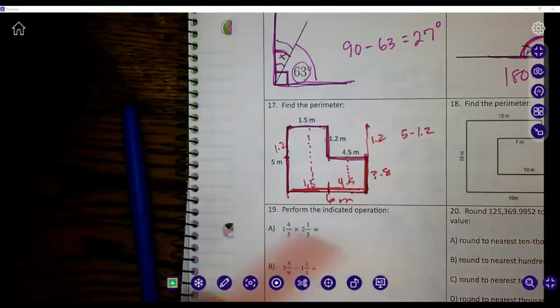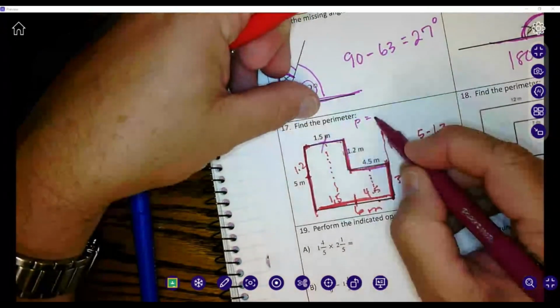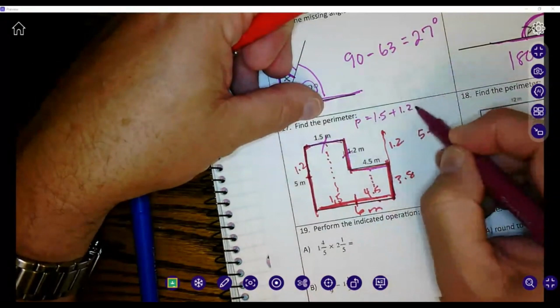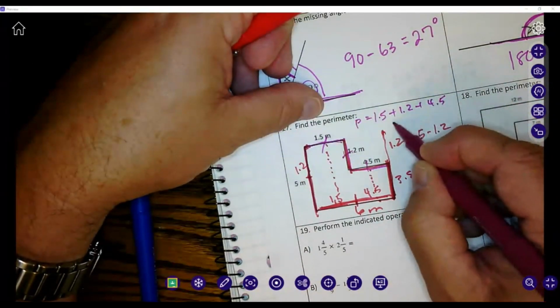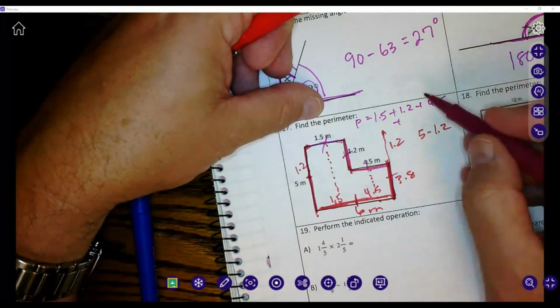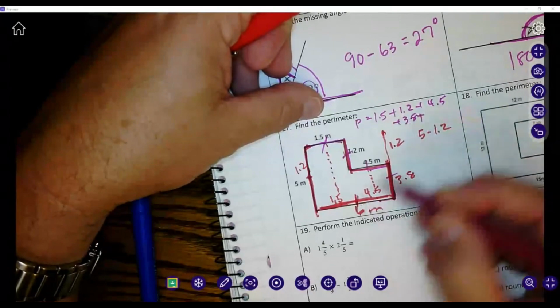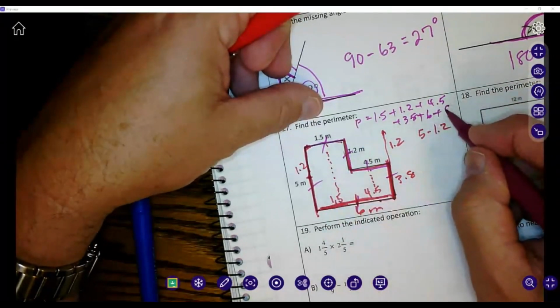So now we can say that the perimeter is 1.5 plus 1.2 plus 4.5 plus 3.8 plus 6 plus 5.